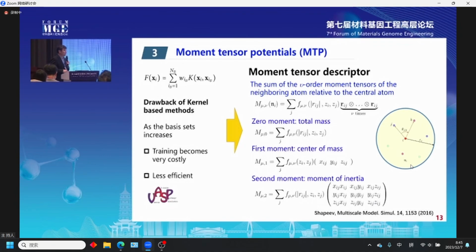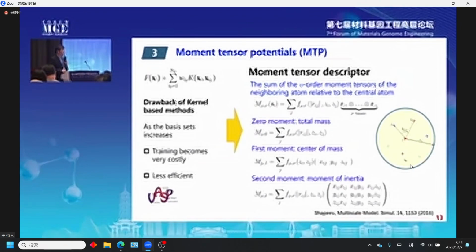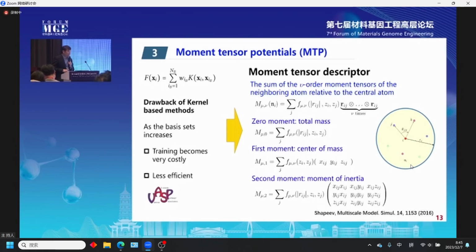If mu equals 2, the second moment, it can describe the moment of inertia. And finally, you can build this matrix this way. For example, in this case, we chose 3 by 3.